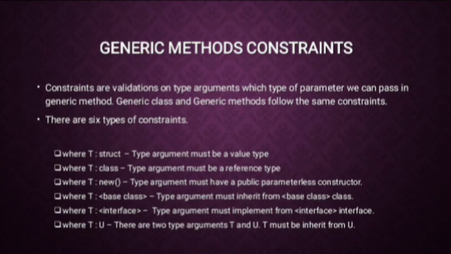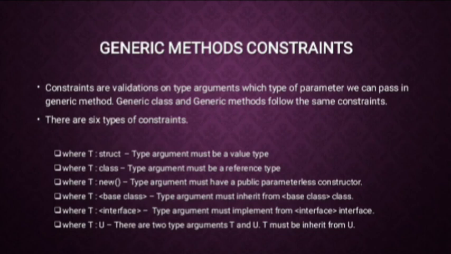With inheritance, T: base class means the type argument must inherit from the base class. So the inheritance concept is also included in this. T: interface means the type argument must implement the interface. On the first slide I mentioned that parameterized data types can be used with methods, interfaces and classes. So all those conditions are displayed here.